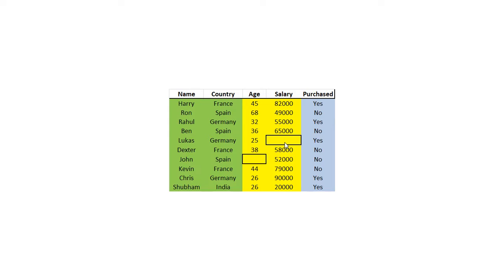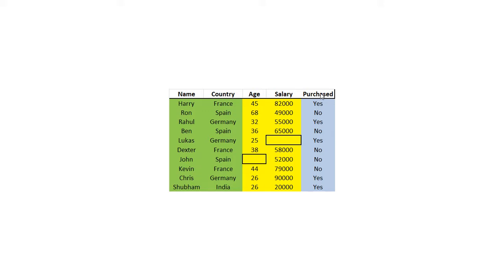Now if we consider that this data set represents whether a product was purchased or not, such that we have the name, country, age, and salary of each user who has purchased the product, in that case we'll find that the last column, that is the purchased column, is the most important column that we need, because this is the column that will help us to identify whether the product was purchased or not, and thereby we can reach a final outcome with the help of this column.